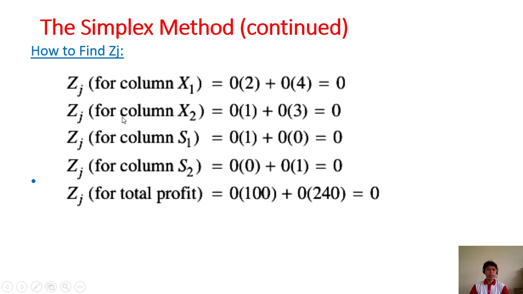And then for column x sub 2 it is 0 times 1 plus 0 times 3 is equal to 0. For column s sub 1 it is 0 times 1 plus 0 times 0 is equal to 0. And for column s sub 2, it is 0 times 0 plus 0 times 1 is equal to 0. For the total profit, it is 0 times 100 plus 0 times 240 is equal to 0.